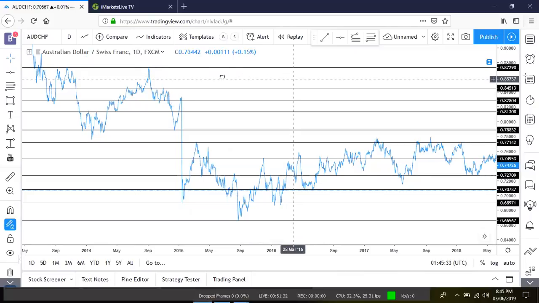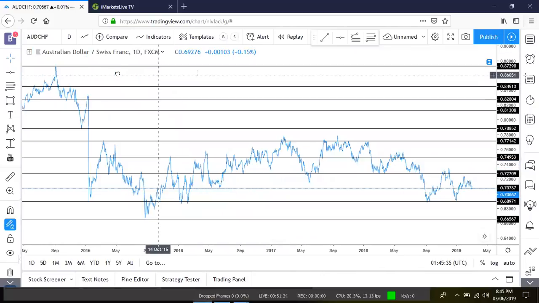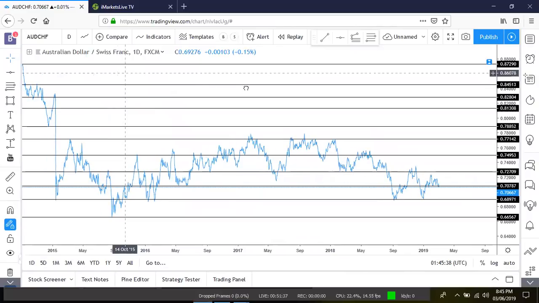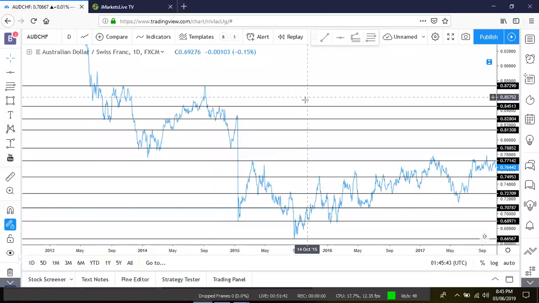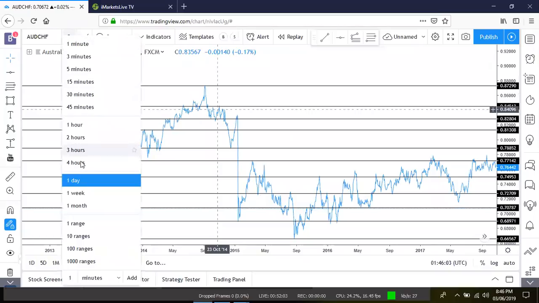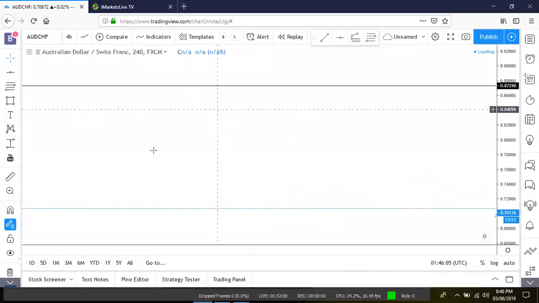All right. So now that I have all of that done, what I want to do now is go down to a 4-hour chart and do the same thing. And I'm going to do that all the way down to a 15-minute. And what I'm going to do is change the color.